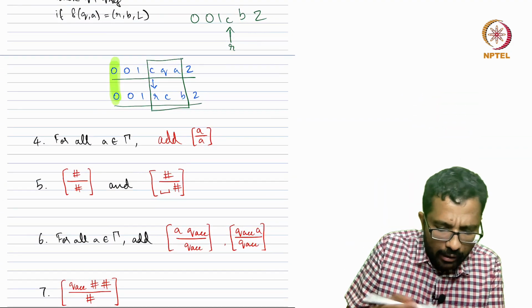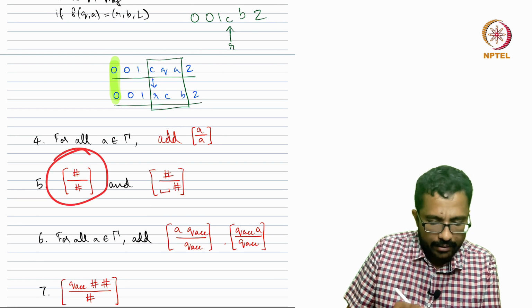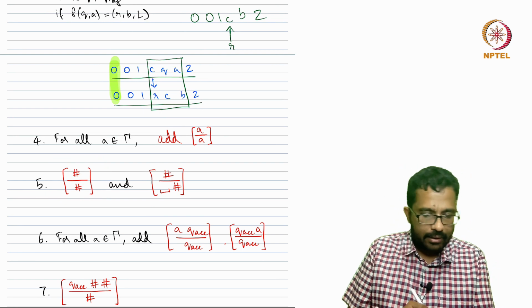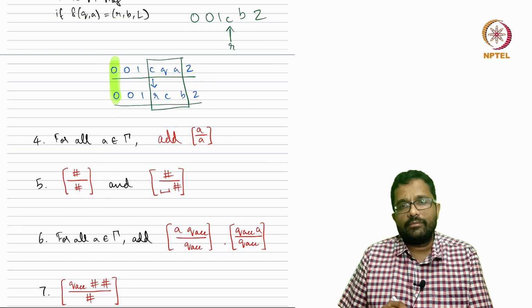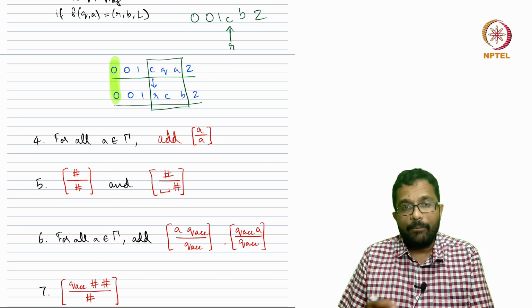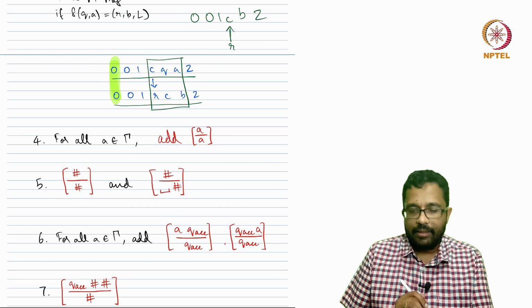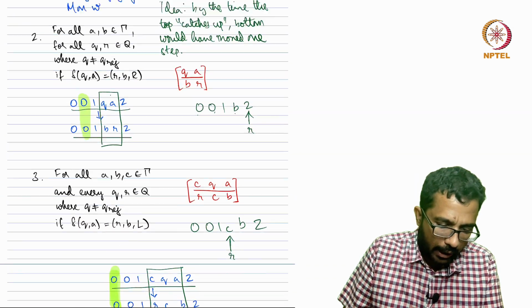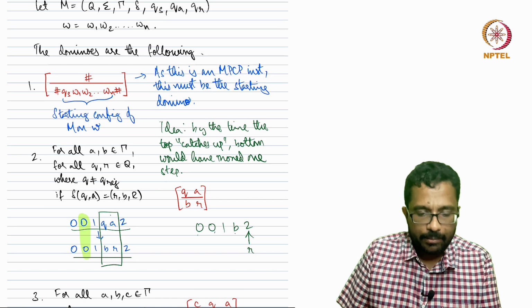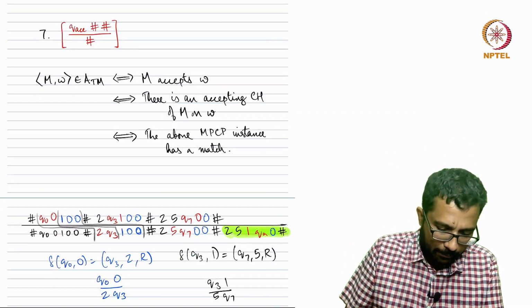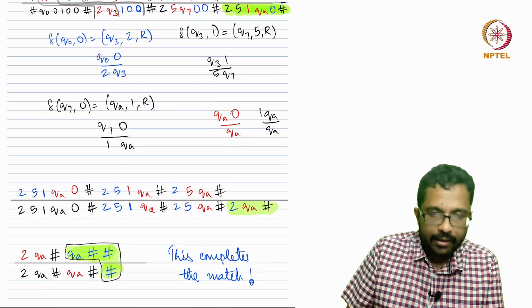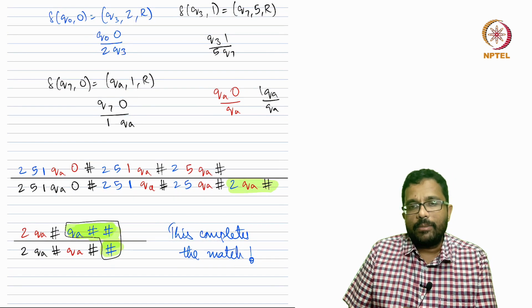I could just have one tile, hash on top and hash on the bottom. This single tile is a match, right? Only empty matches are not allowed. This is allowed, so that is why it is important to view it as an MPCP instance, and that completes the proof that ATM is reducible to MPCP.